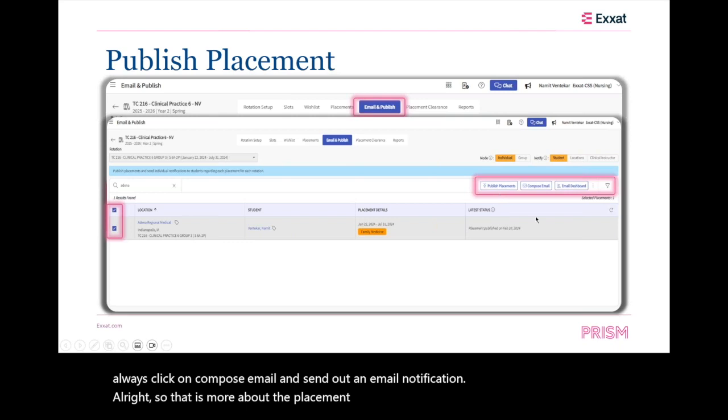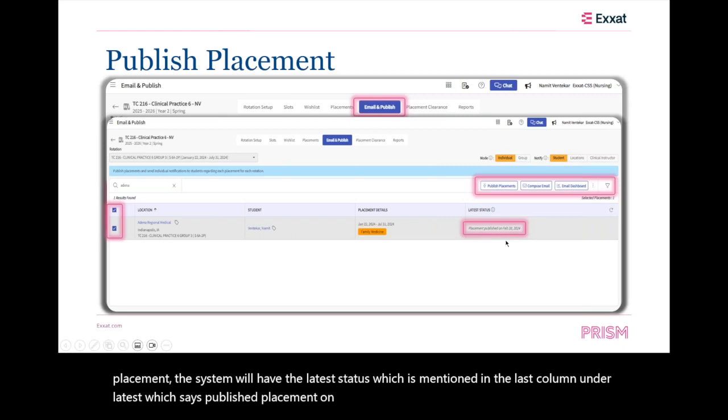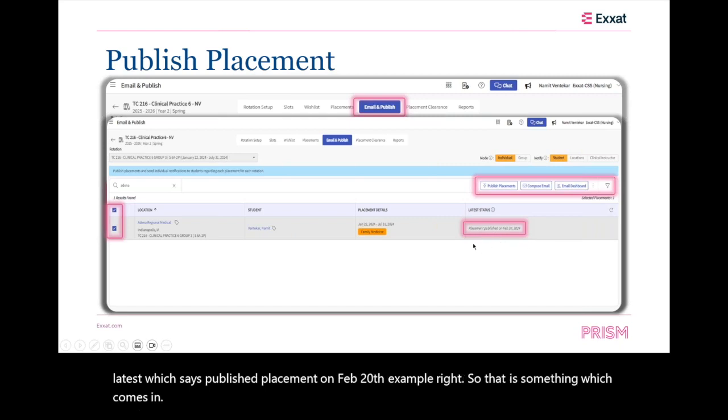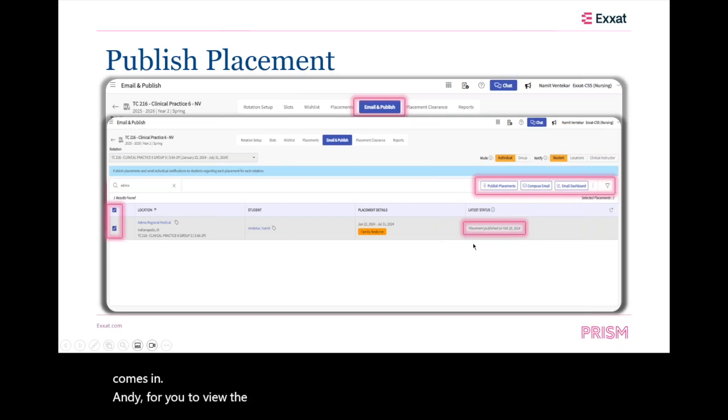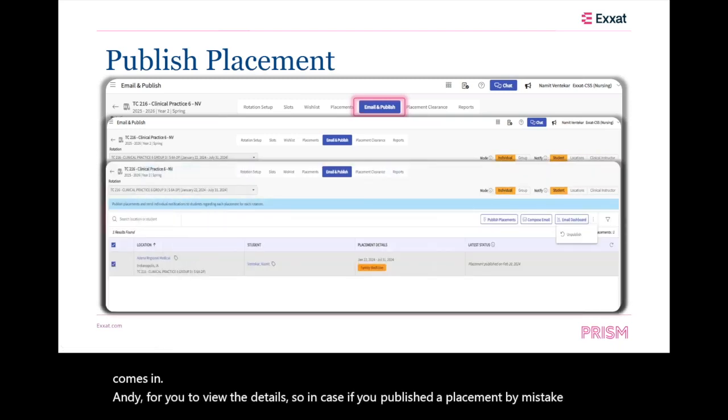Whenever you publish the placement, the system will show the latest status in the last column under latest, which says, for example, published placement on Feb 20th. That comes in handy for viewing the details. In case you published a placement by mistake, you can always choose to unpublish it.